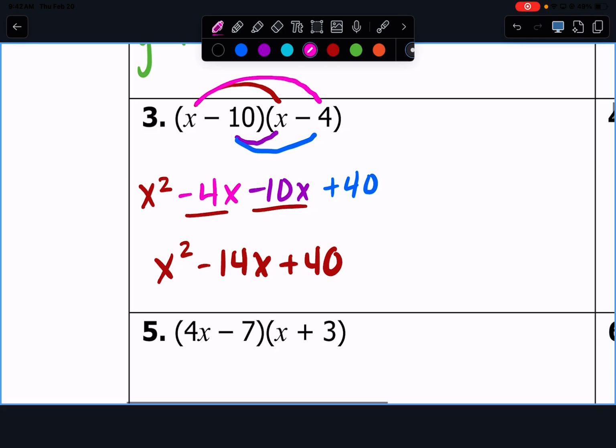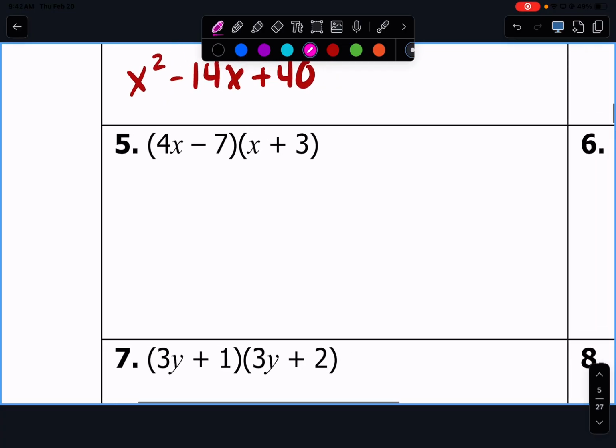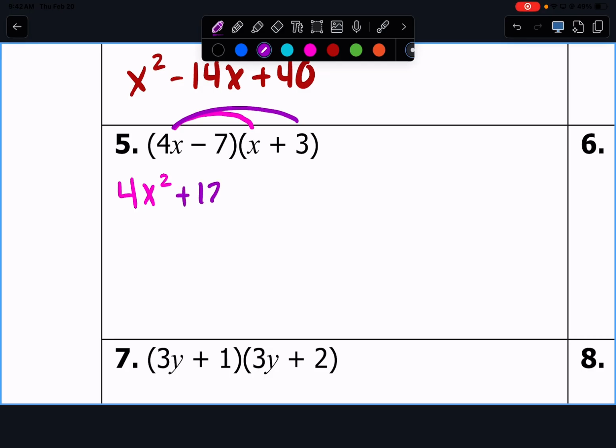Now let's look at number 5. 4x times x is 4x squared. Okay. 4x times 3 is 12x. I keep adding. That's okay. Negative 7 times x.